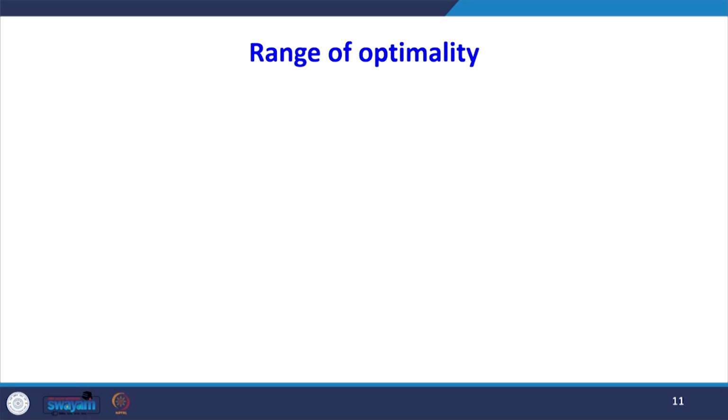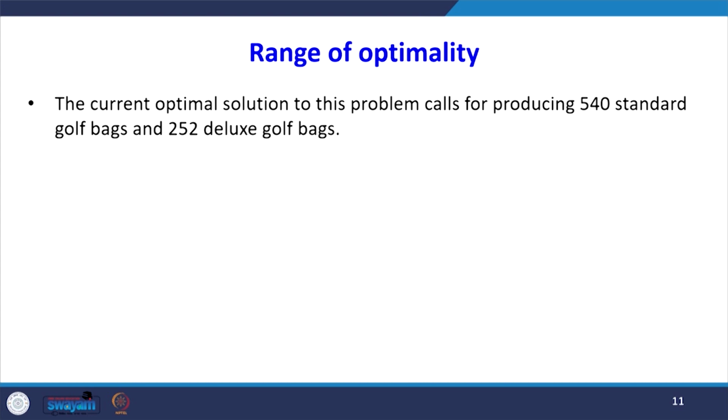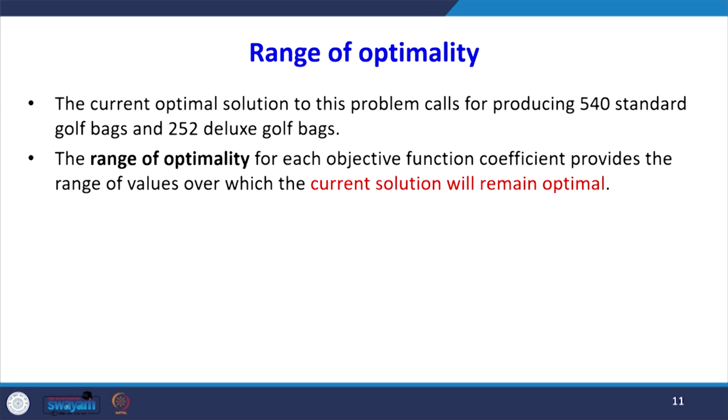So, I am going to introduce the term called range of optimality. The current optimal solution to this problem calls for producing 540 standard golf bags and 252 deluxe golf bags. The range of optimality for each objective function coefficient provides the range of values over which the current solution remains optimal.